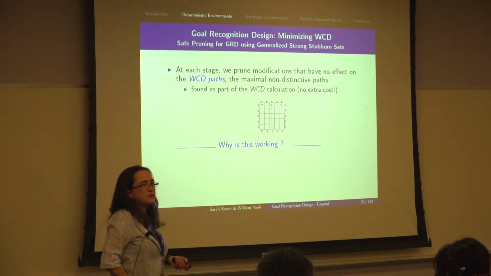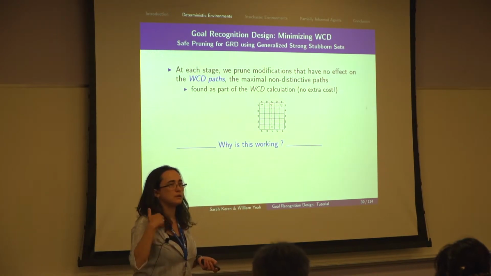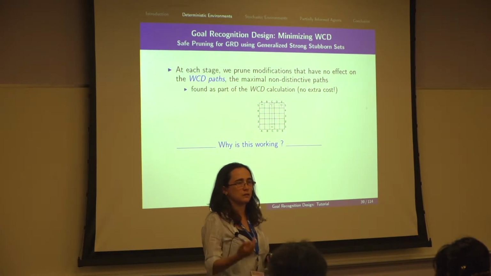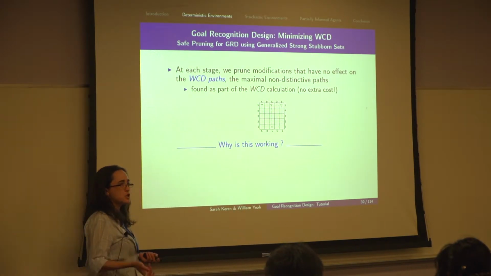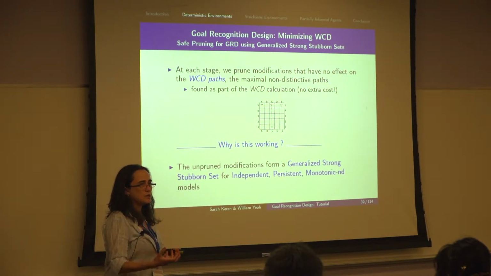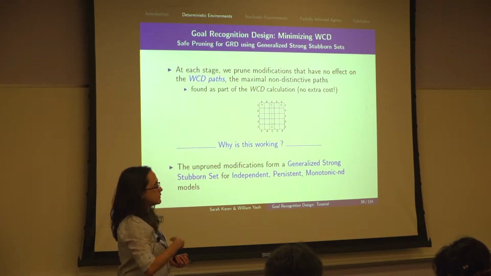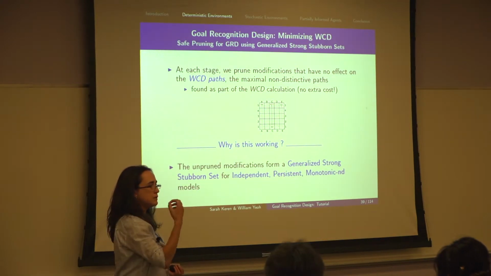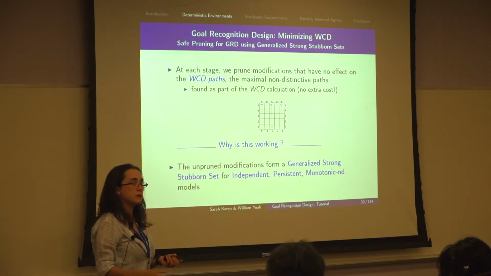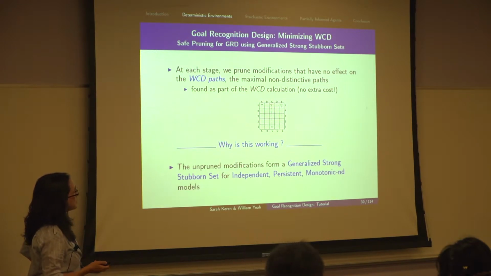Why is this working? We presented the work in 2014, but it only took us until 2018 to actually understand why this is working in a more general sense. This is working because these types of modifications form a generalized strong stubborn set. There are a lot of people around here that can tell you more about that, but the idea is that this guarantees that we are preserving optimality by focusing on the path that maximizes the worst case distinctiveness.